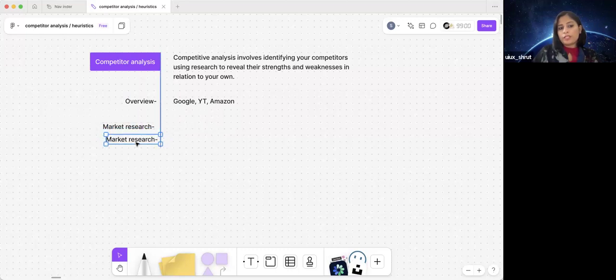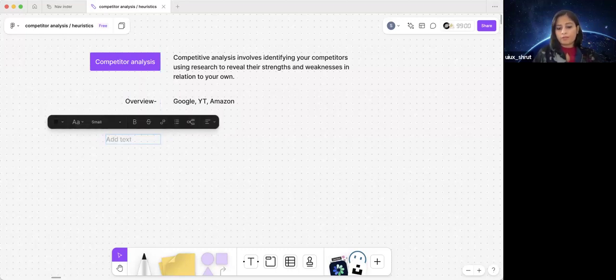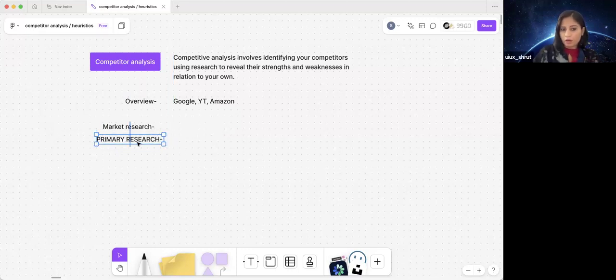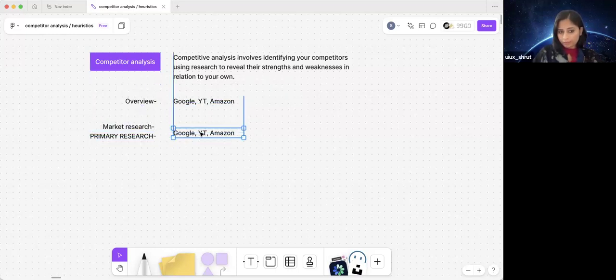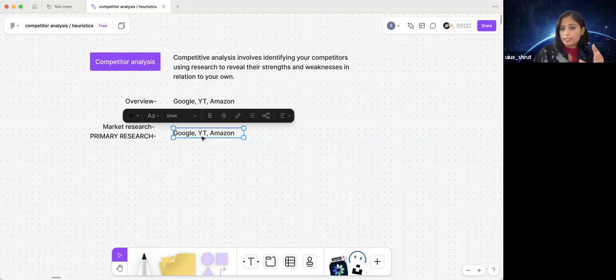The first way of doing research is primary research. Now we'll be discussing that in much more detail, how you can do it. But it is going to resemble what we learned in user research. The same steps are followed in conducting a primary market research about your competition.